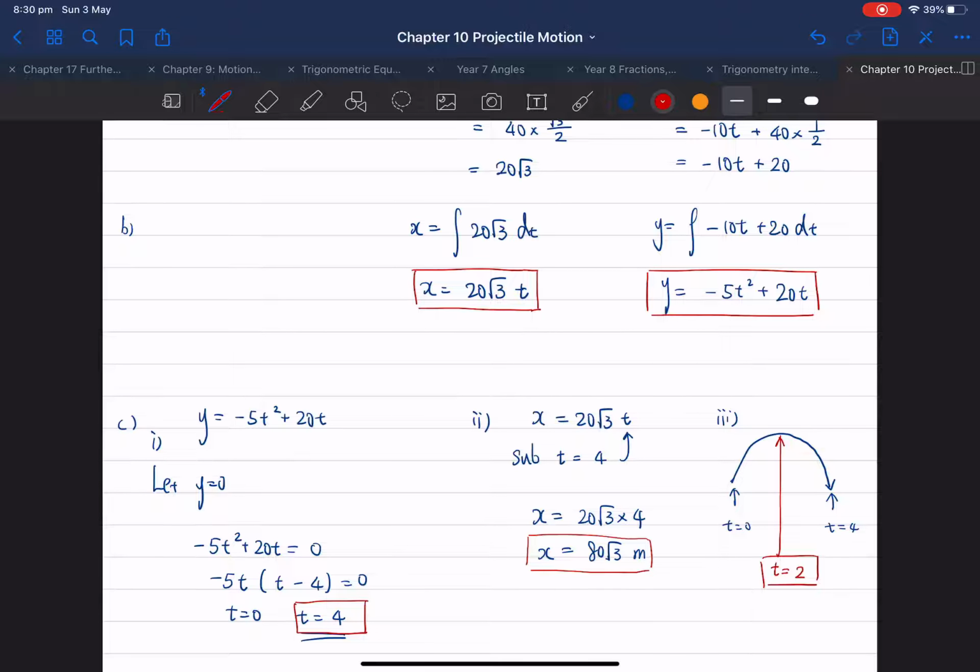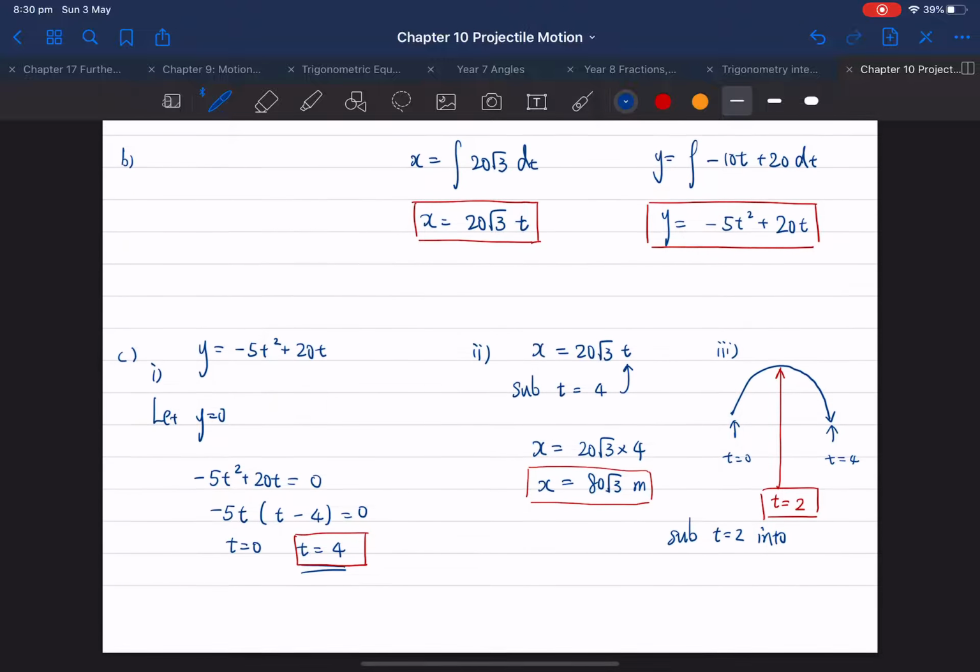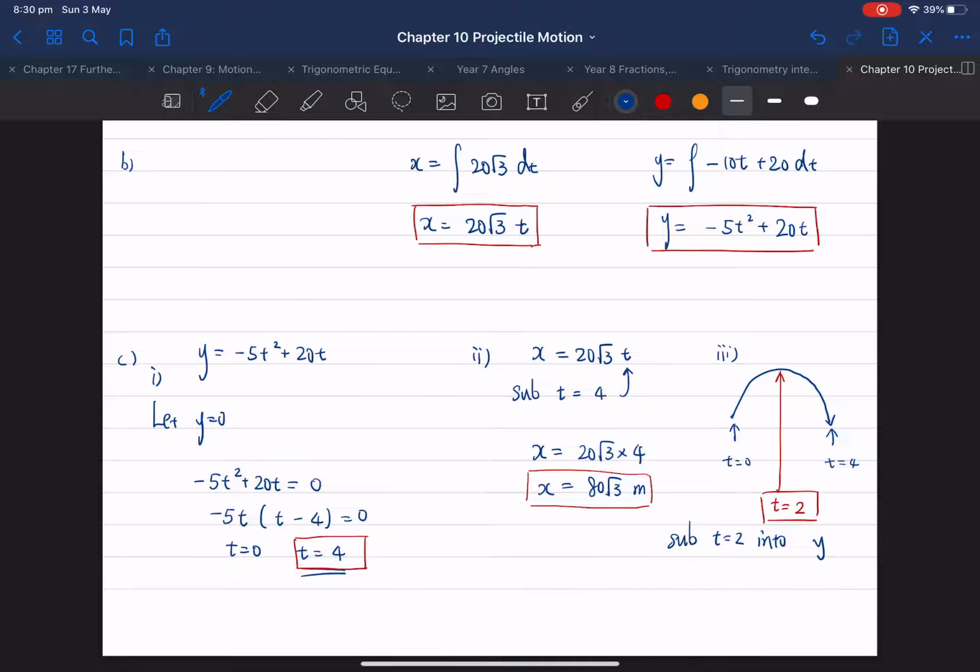Once we know that information, we can substitute t equals 2 into the y equation, which is negative 5t squared plus 20t. Therefore y is equal to negative 5 times t squared plus 20 times 2. 2 to the power of 2 is 4, 4 times negative 5 is negative 20, plus 40, and the answer will be 20 meters.